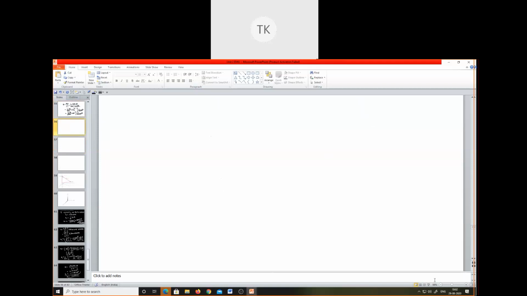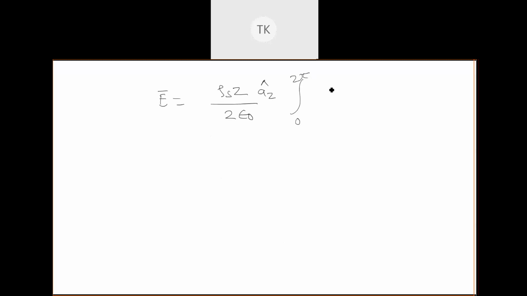So we will calculate here: E bar, or the electric intensity, is rho_s z a_z cap divided by 2 epsilon 0, and the integration from 0 to infinity of rho divided by (rho square plus z square) raised to 3 by 2 d rho. Okay, so we will calculate this term.